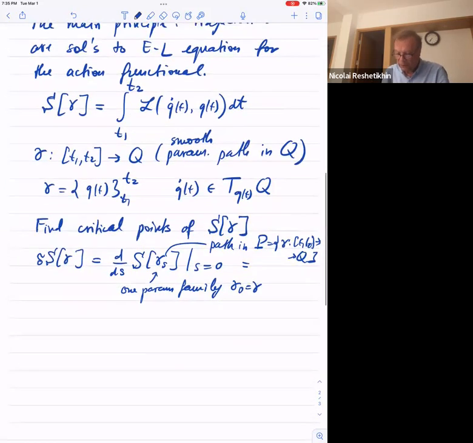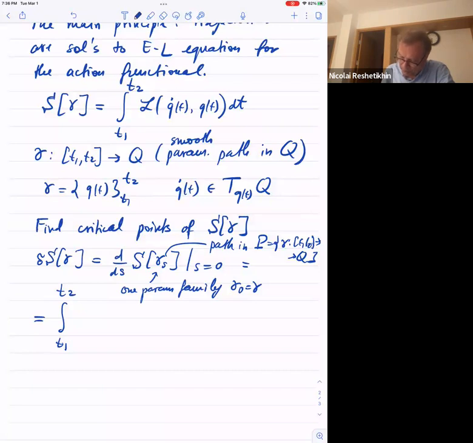Intuitively, you can think of this as doing an infinitesimal variation of the path gamma, and computing the infinitesimal change of S when you do this variation.